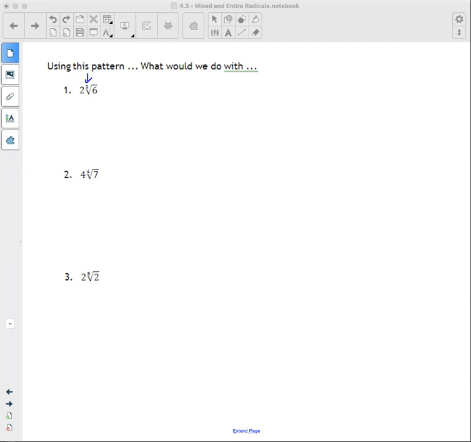So now all we're going to do is put back in 3 of whatever number has been taken out. And don't forget that cube root up there. So 6 times 2 times 2 times 2. So 2 times 2 is 4, times 2 is 8. And then 8 times 6 is 48. So that would equal the cube root of 48.